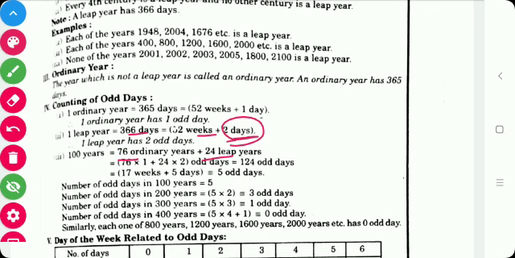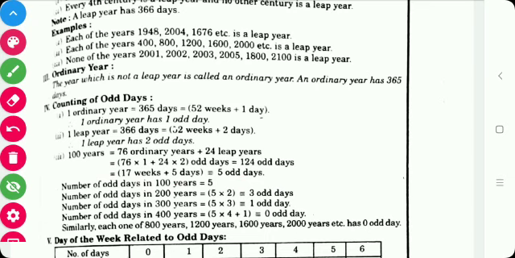As we know, an ordinary year has 1 odd day and a leap year has 2 odd days. So total odd days in 100 years are 76 into 1 plus 24 into 2, which is 124 odd days. So 124 odd days means 17 weeks plus 5 days. So 100 years has 5 odd days.